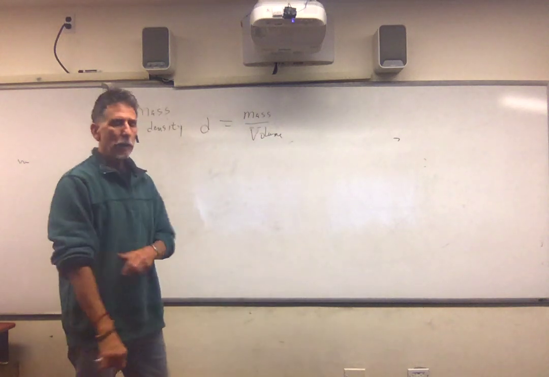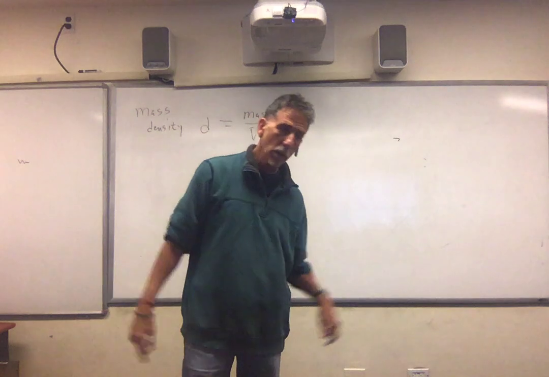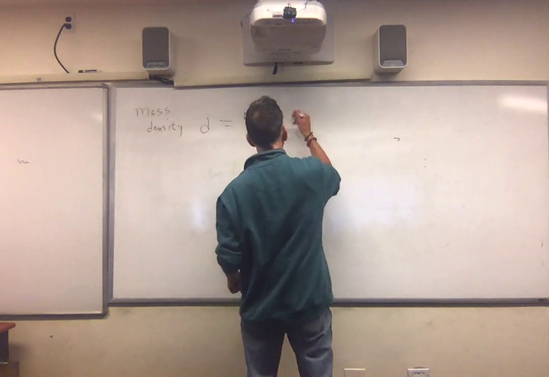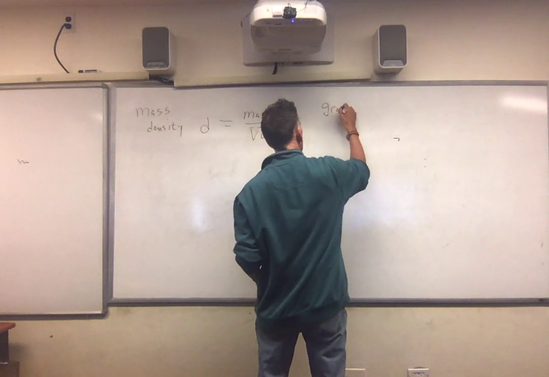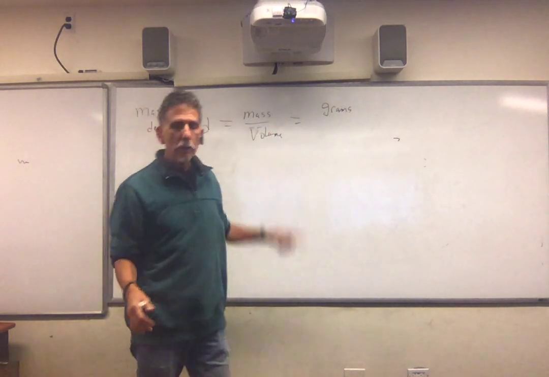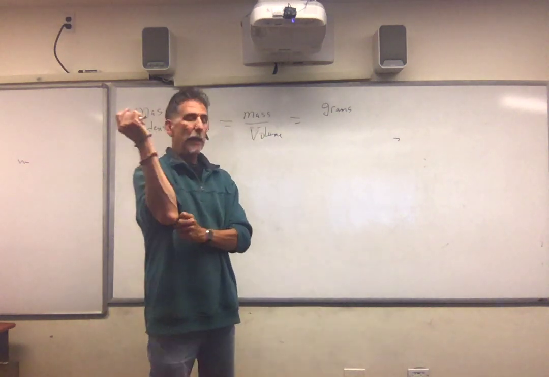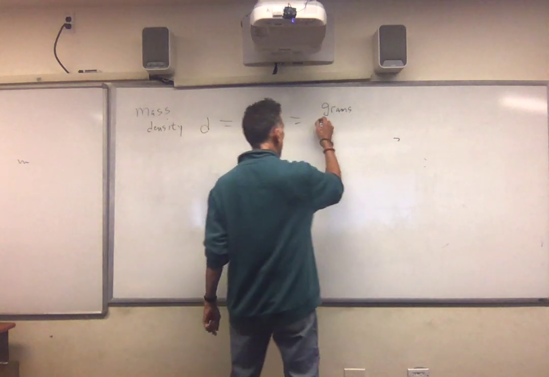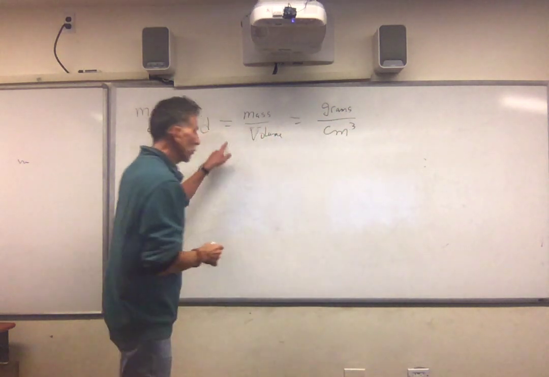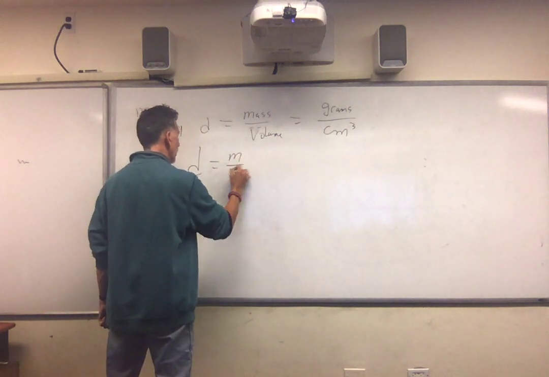Now, in the metric system, mass can be measured in grams, kilograms, centigrams, micrograms, nanograms, whatever you want. Here, I'll just make it easy. I'll use grams. Volume, remember, is a length times a width times a height. So it could be centimeters cubed, meters cubed, kilometers cubed, nanometers cubed. I'll just use centimeters cubed for now. Okay? So we're going to write this as D is M over V.